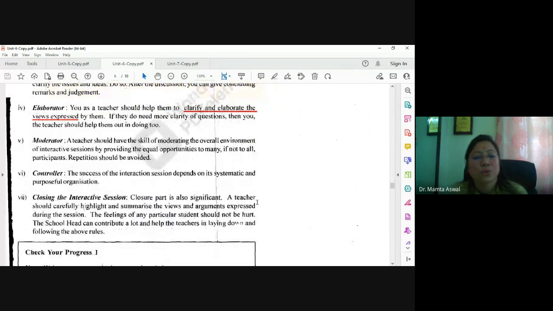If there is a discussion or interaction taking place inside the classroom, the teacher must have control over that interaction. It must not happen that the interaction goes in a different direction. All the students must be on the same topic. They must not move around to other topics and move the discussion in a different direction. That must be taken care of.